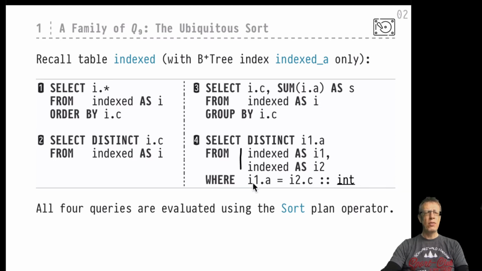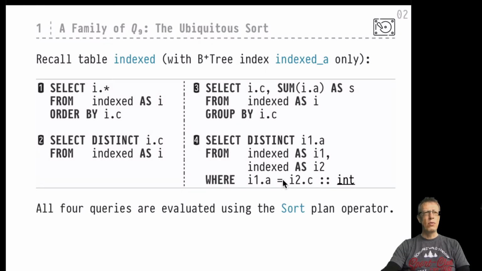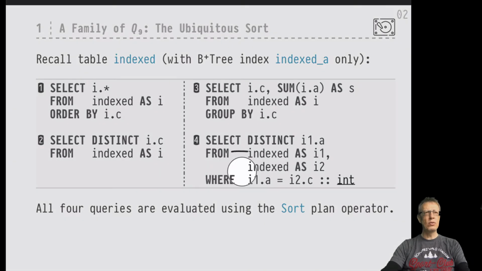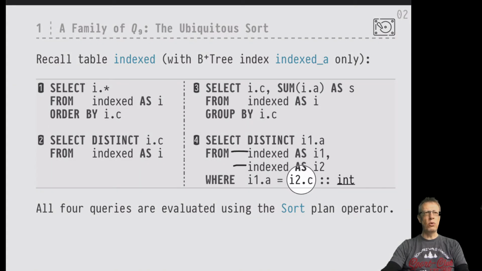And you see that we are using this equality condition on the A and C columns to identify the join partners. In such situations, there's an opportunity to sort the rows in the participating tables. In this case, to sort the rows of the index table in the A order, and to sort the rows of the other index table in the C order.